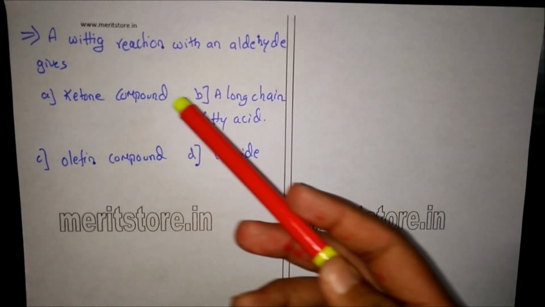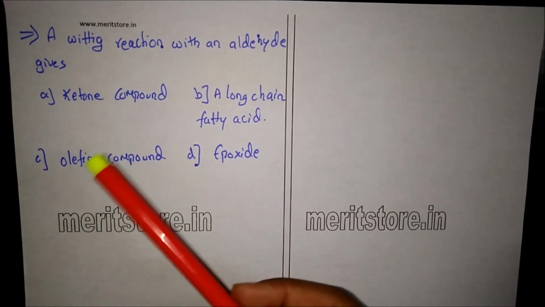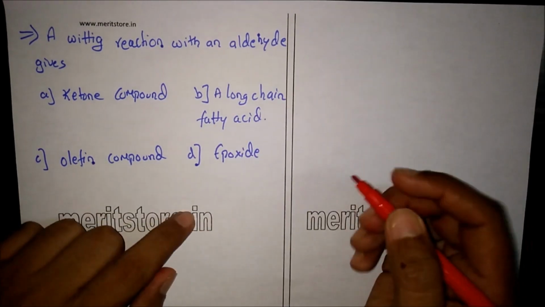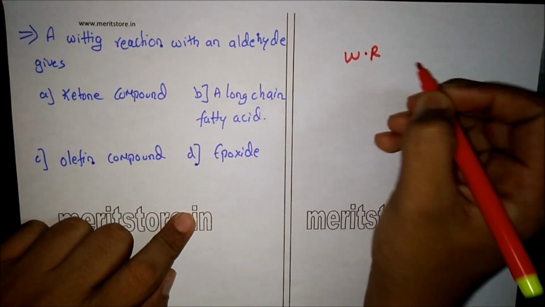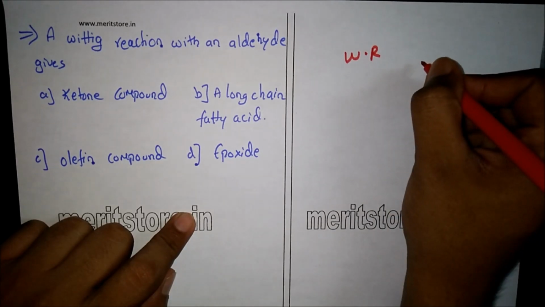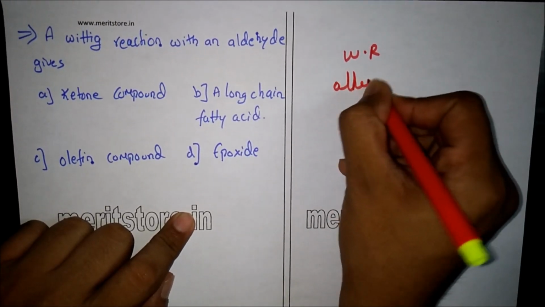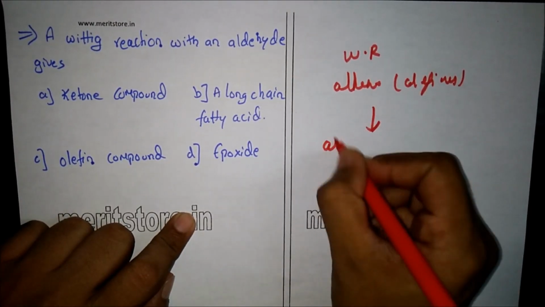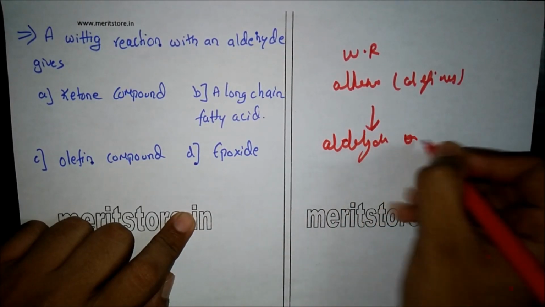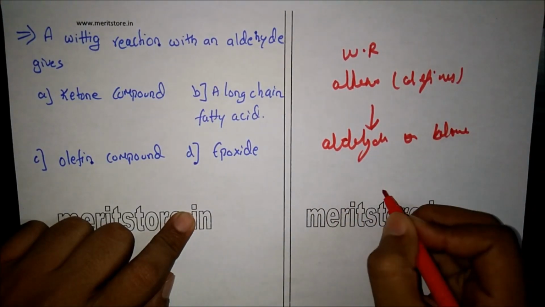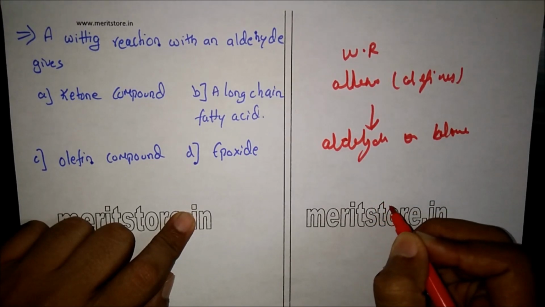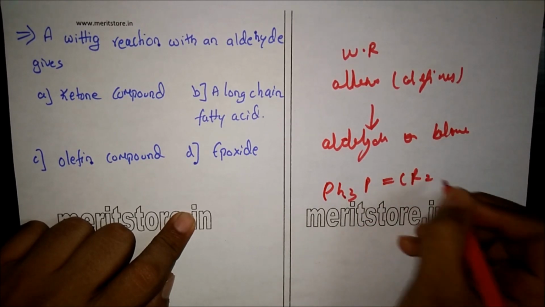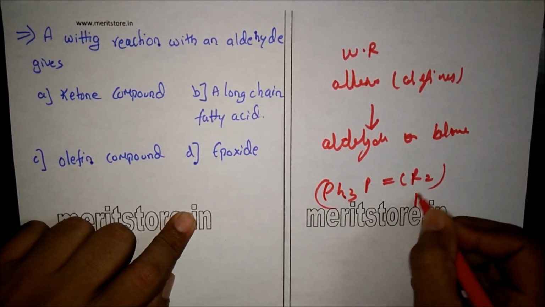A Wittig reaction with an aldehyde gives A. Ketone compound, B. A long chain fatty acid, C. Olefin compound, or D. Epoxide. Now, the Wittig reaction affords an important and useful method for the synthesis of alkenes, which are also known as olefins, by the treatment of aldehydes or ketones with a phosphorane.